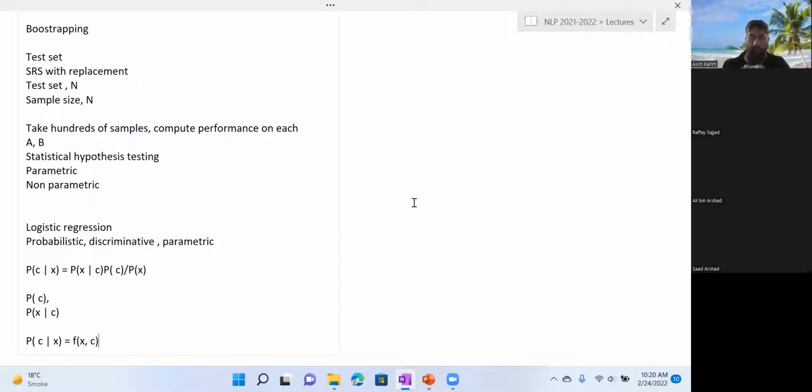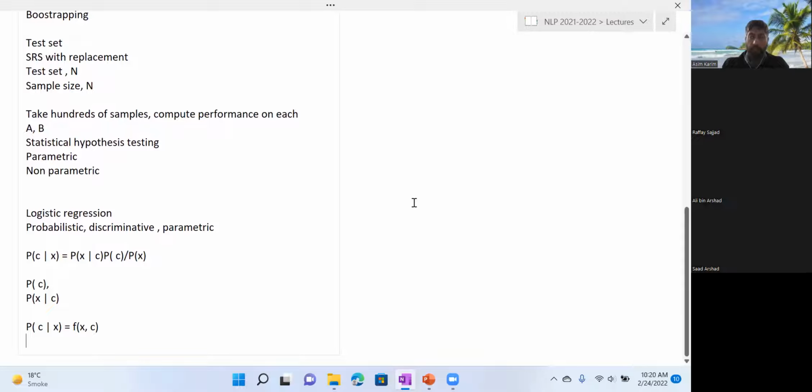You get the posterior probability directly from a function F. So in the case of logistic regression, this function is the logistic function. And that function actually has a basis also. Maybe I will mention that as well. So for logistic regression, we have F as a logistic function.